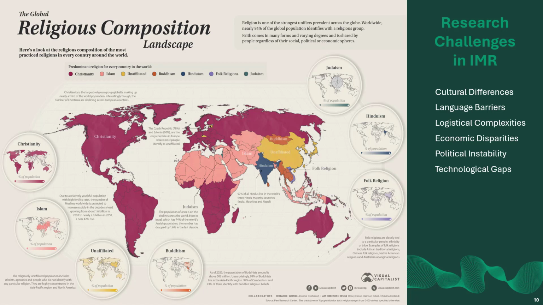Technological gaps also present challenges as variations in access to technology can impact data collection methods, particularly in less developed regions. Planning, flexibility, and local insights are essential for successfully overcoming the challenges of international marketing research. So by understanding and addressing these complexities, researchers can ensure more accurate and effective outcomes.